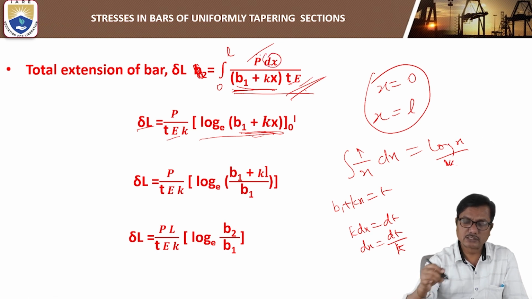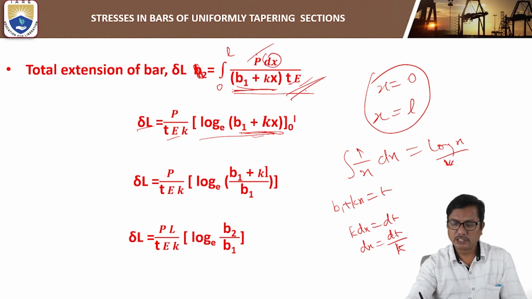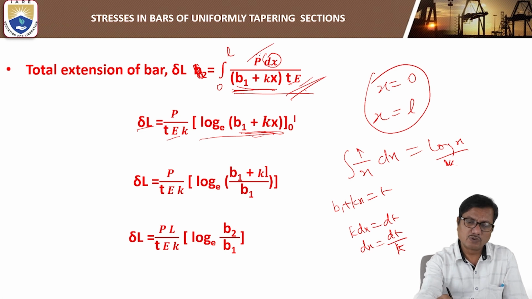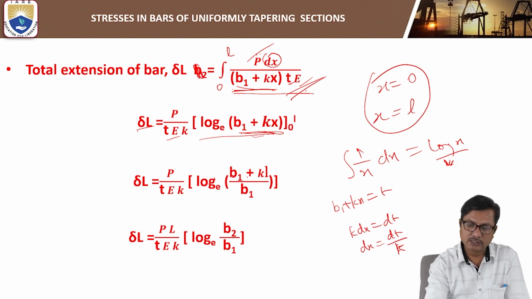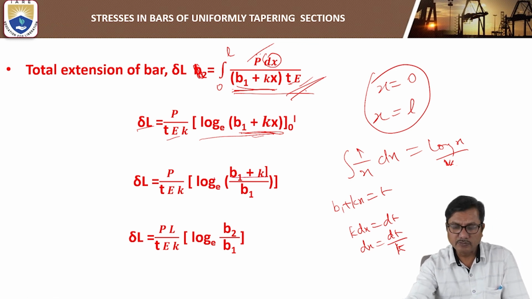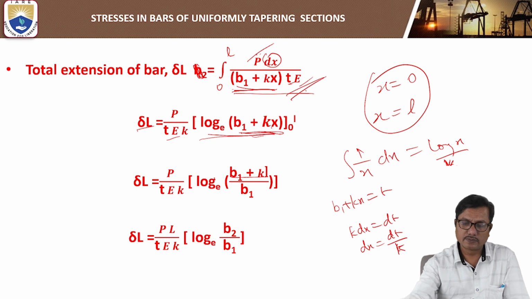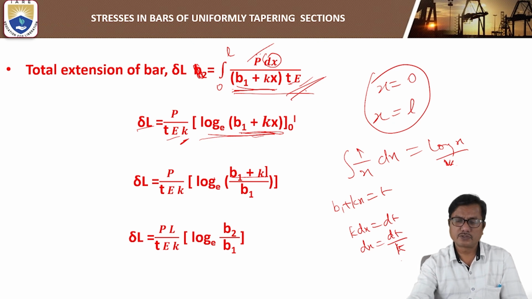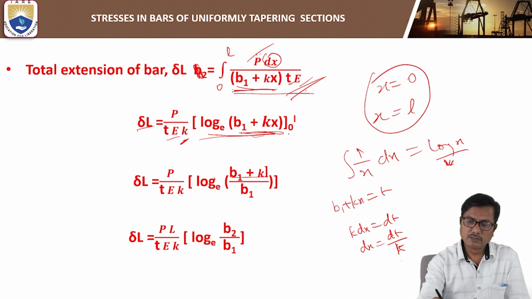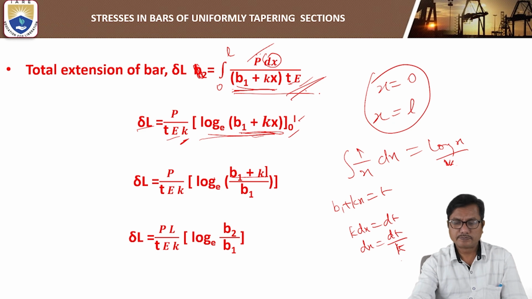Replacing dx by dt by k, the integral of 1 by t dt is log t. Understand? The 1 by k, being a constant, is taken out, between the limits 0 to L.